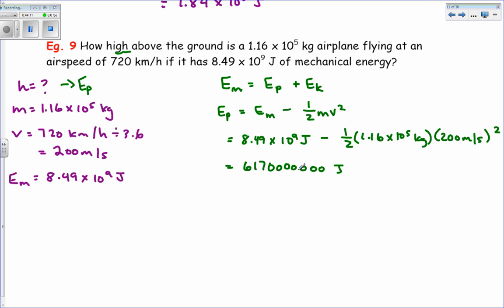So let's see, thousand, million, billion, so 6,170,000,000. So then that means EP equals that, and EP is mgh. So H is equal to EP divided by m times g, which is 6,170,000,000. There we go. Now I got it.